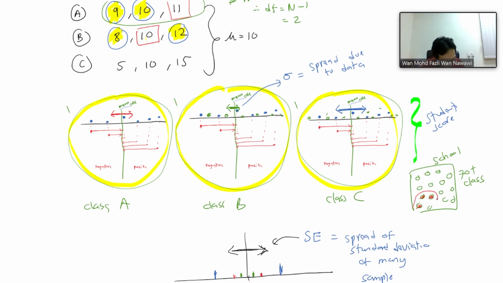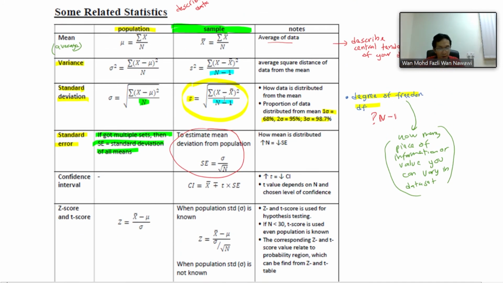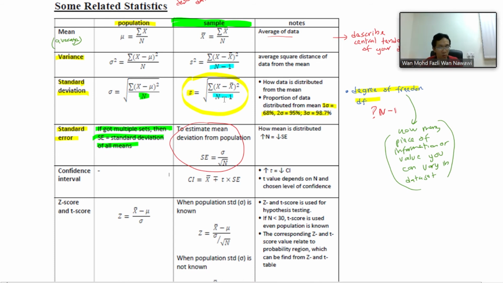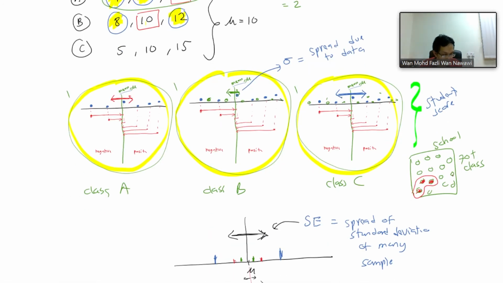If you do this analysis using this sample, what you want is for your result to represent the population. For example, when you get a mean of 70 out of 100 in marks and you want to reflect it to the population, it means the mean for the population must also be close to that.